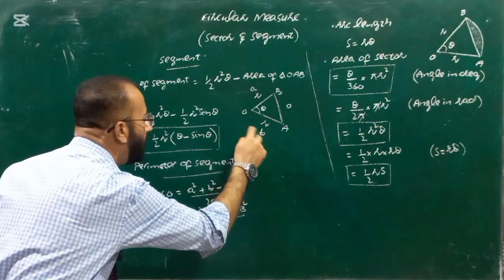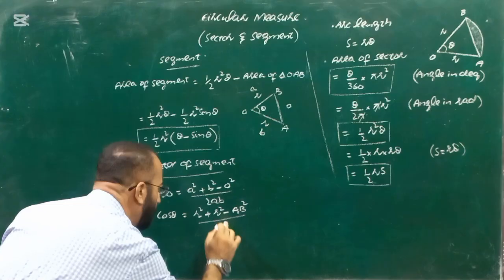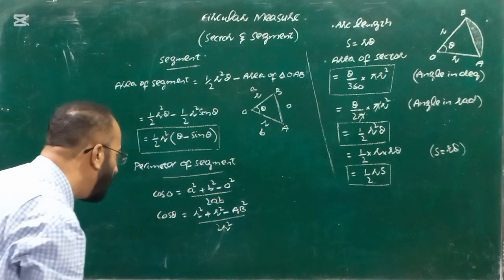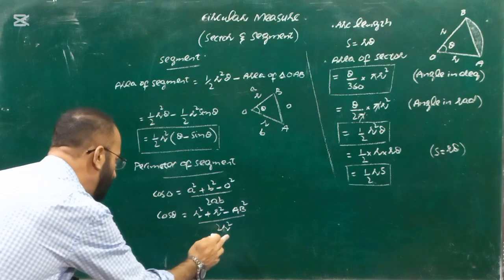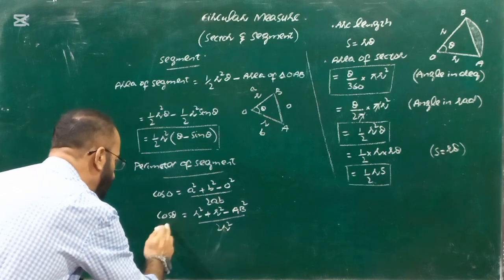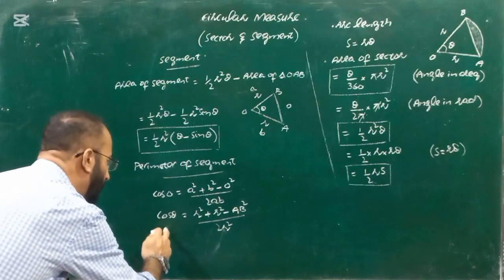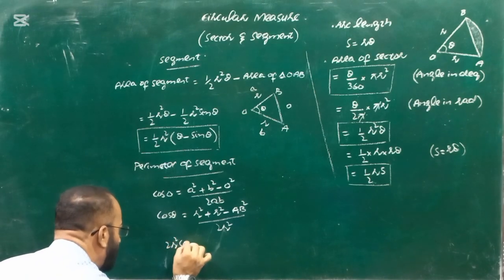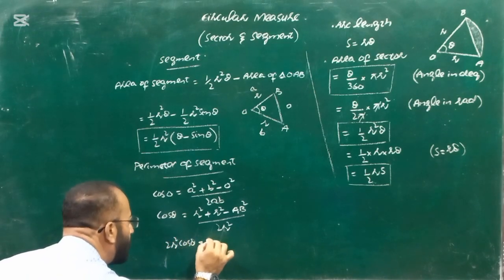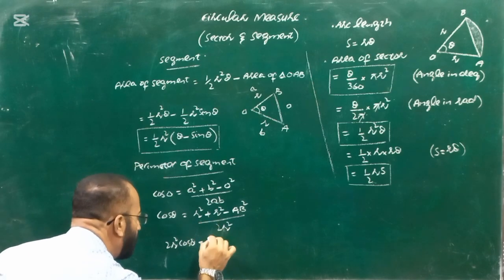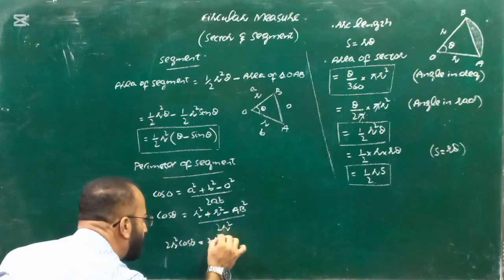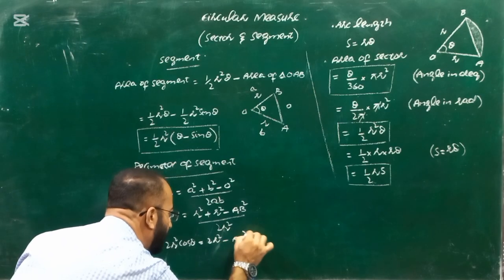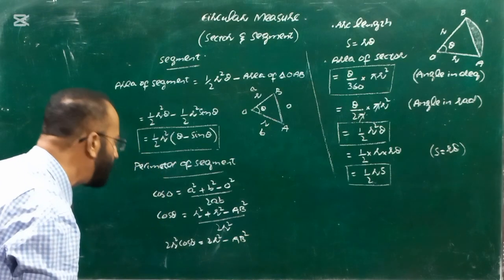A is R and B is R. So R into R will be R square. From here you can see 2R square cos theta is equal to R square plus R square will be 2R square minus AB square, because AB side is missing.